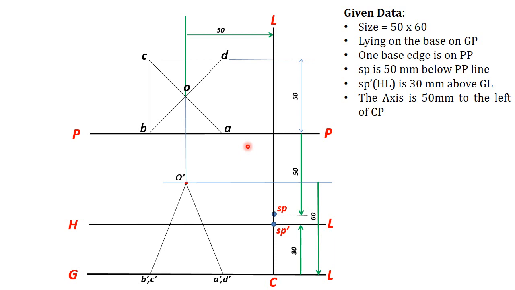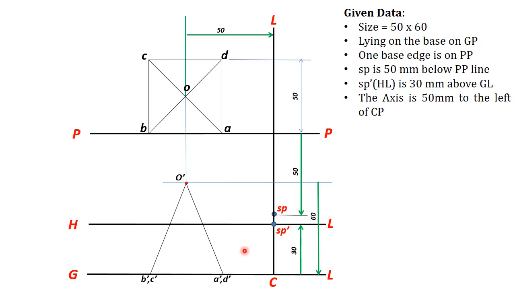So here the top view visual ray intersects PP at the same point here. So if you draw a perpendicular line from A towards its front view visual ray, that is SP dash A dash, you will get the same front view point here.